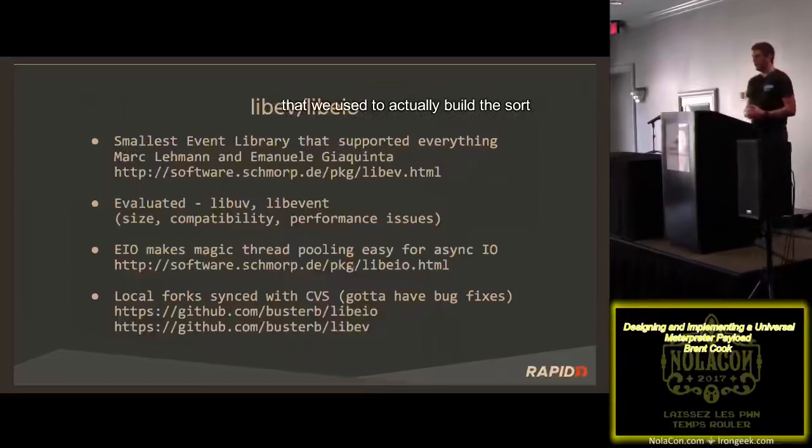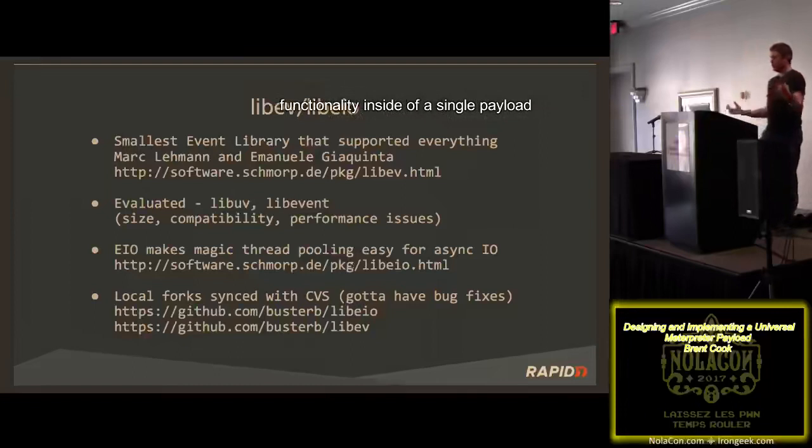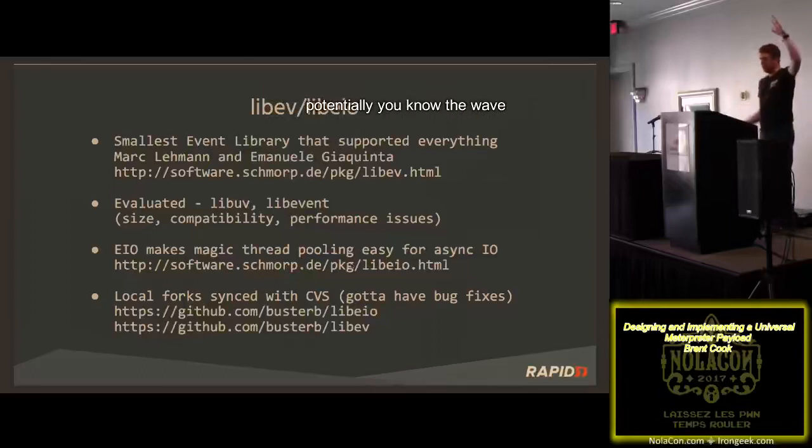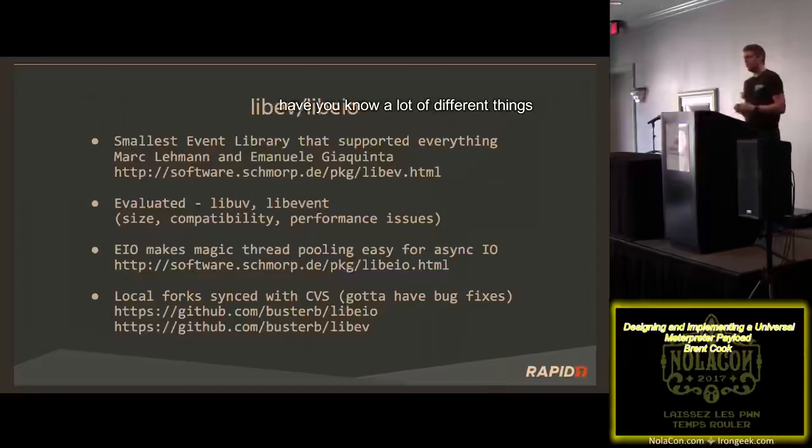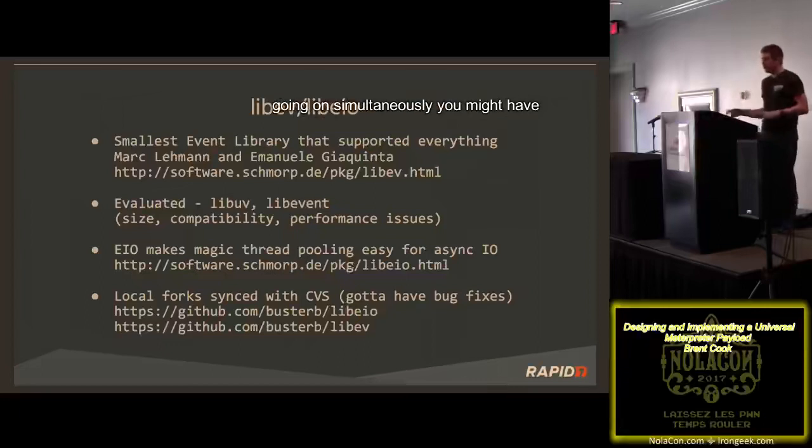Talking about some libraries we used to build this sort of universal payload. One of them was libev, libio. To scale and have a lot of different functionality inside a single payload, we want to make sure the different pieces don't step on each other's toes. The way Meterpreter works, you can have a lot of different things going on simultaneously.